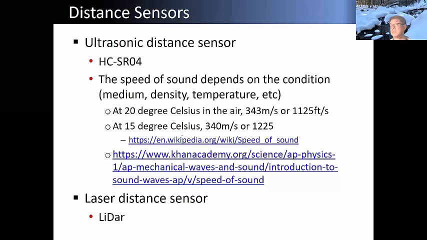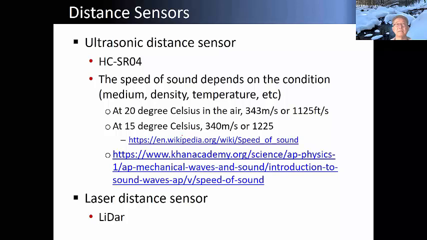Okay, so first, what we are going to do, my planning today, so that I need to speed up. Three examples, okay? Sensing distance detection, distance detection from one device.